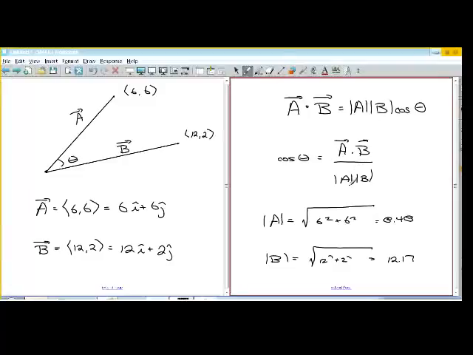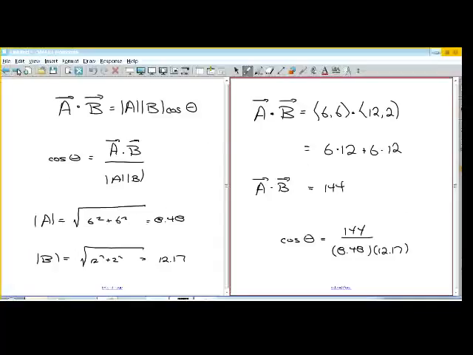So what did I do wrong here? Okay, let's go back to our definition. Cosine theta. That looks right. That looks right. Just check the equation.